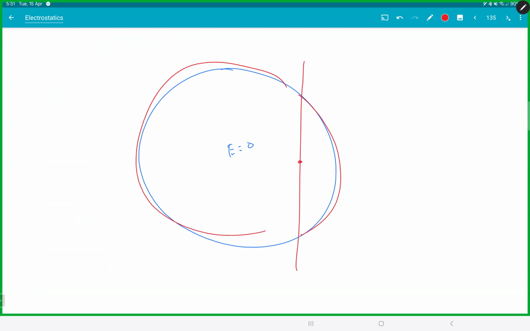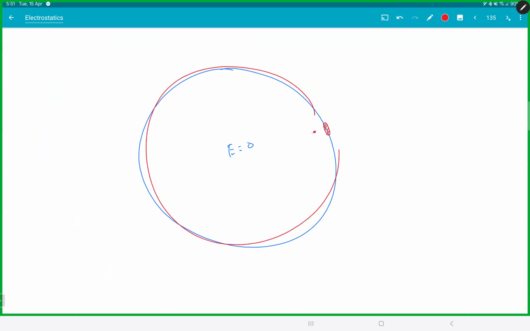That's why it is zero. So if I keep on doing this smaller and smaller, that means I can also say this small patch and this entire thing must be canceling the field everywhere. Just because of the argument, the total field is zero. That means you take any one piece and the remaining piece must cancel out the field due to that small piece. Is that making sense, everyone?